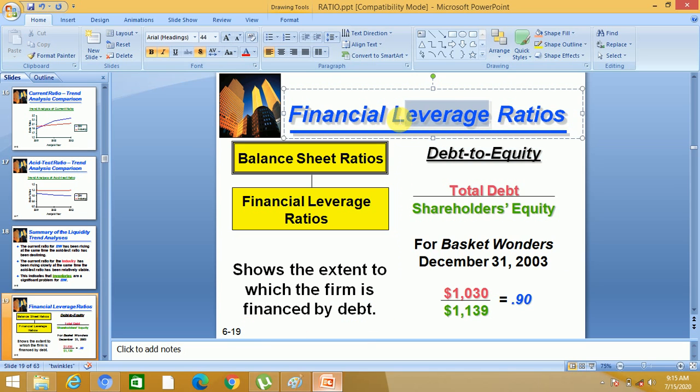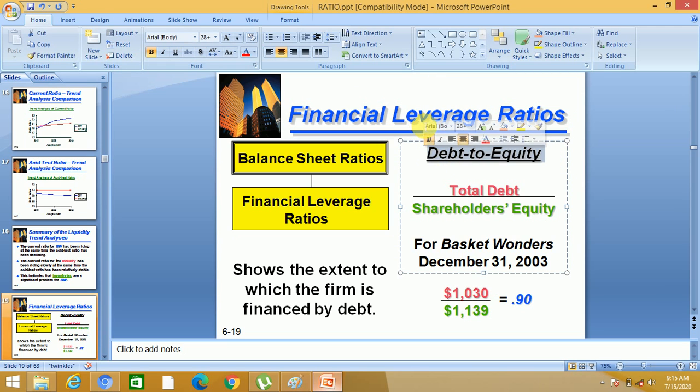We are studying leverage ratios, and I told you leverage means the use of debt financing. So debt to equity is the first of the financial leverage ratios. It is also a balance sheet ratio.